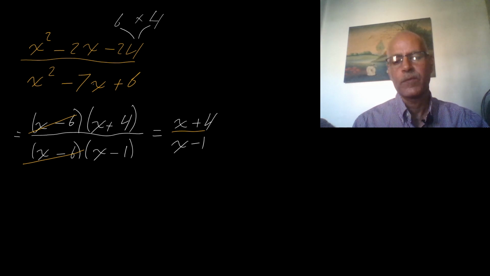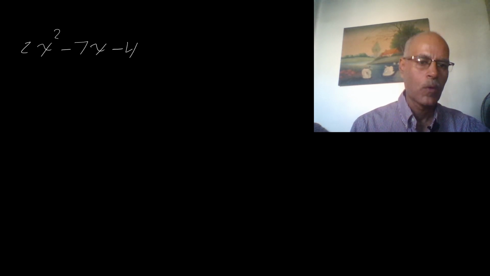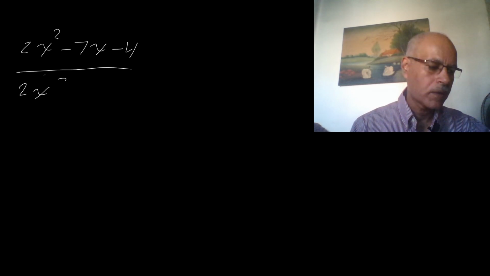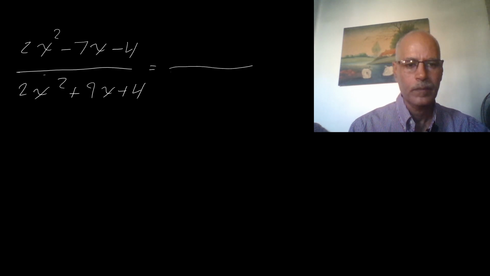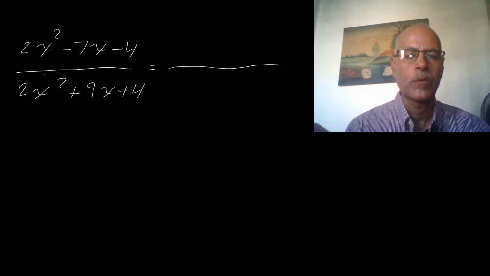And it's the simplest form. To simplify, 2x squared minus 7x minus 4 over 2x squared plus 9x plus 4. It's equal. 2x squared minus 7x minus 4.